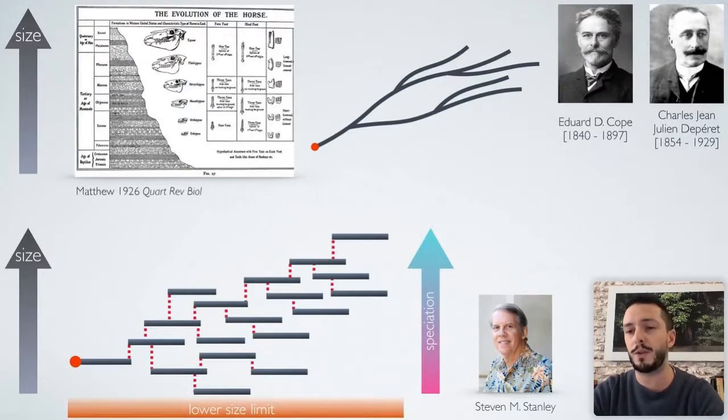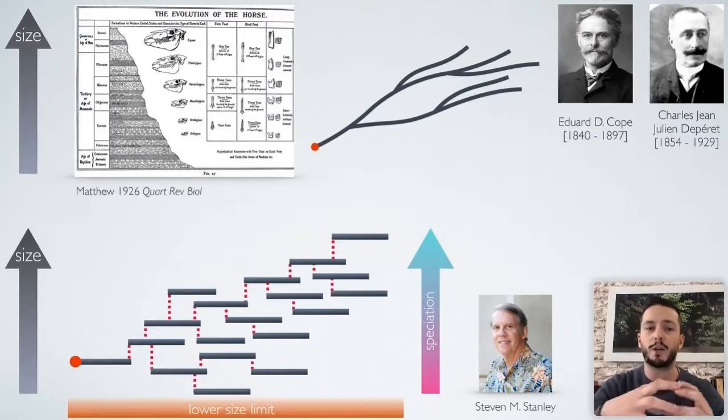The French paleontologist Depéret actually isolated the aspect of body size evolution, and highlighted the idea of this continuous, phyletic increase in body size in mammals due to the various advantages of large size and driven by natural selection.